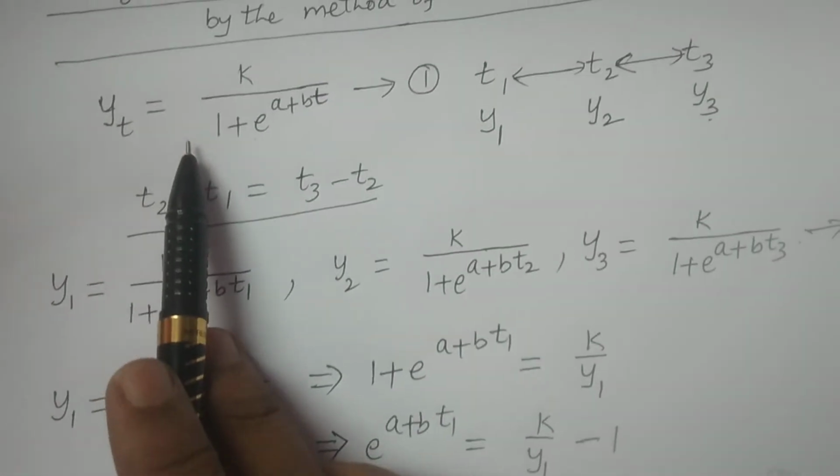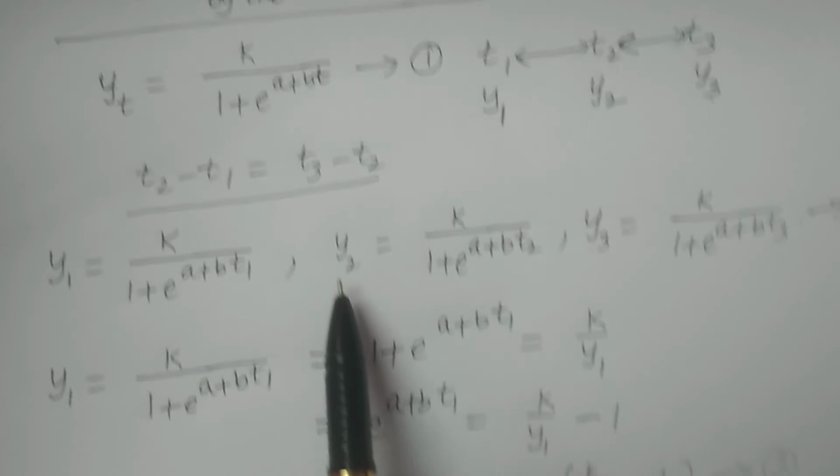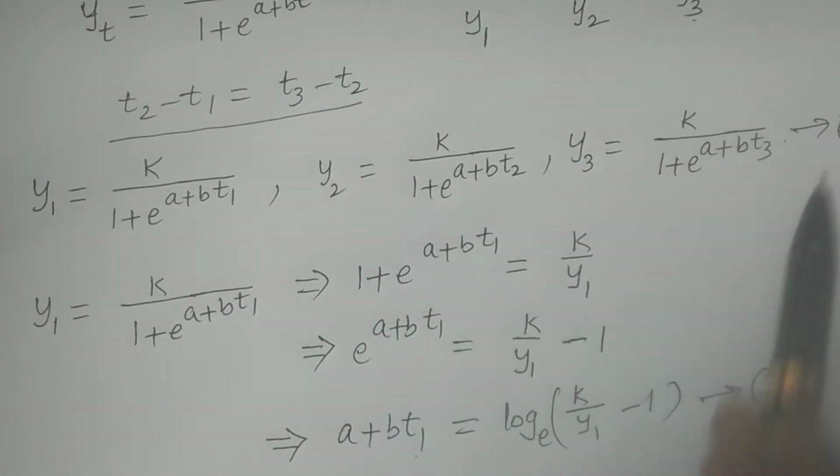So equation 1 is the logistic curve, equation 2 is the ordinates y1, y2, y3 values.